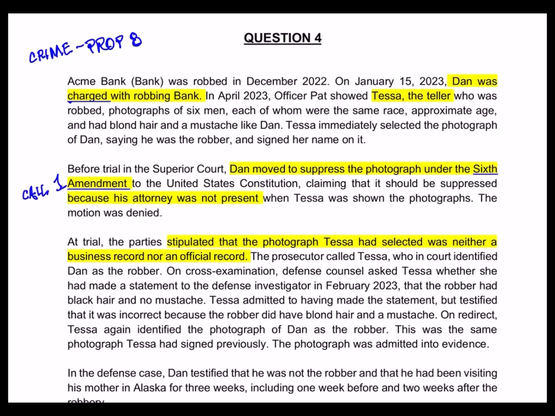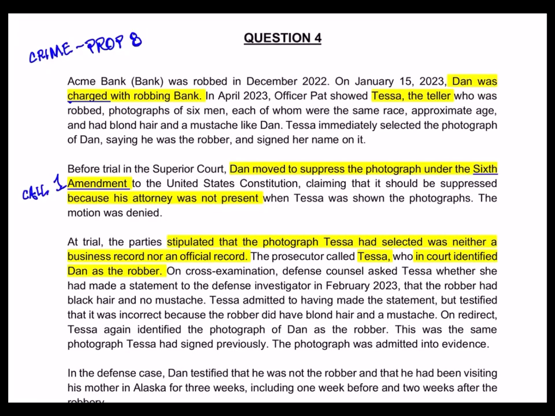The prosecutor called Tessa, who in court identified Dan as the robber. Now, I believe that's telling me that she made an in-court identification of the defendant himself. She's not looking at the photograph.